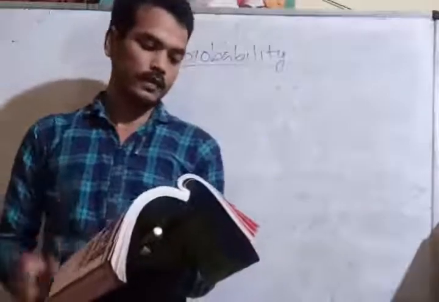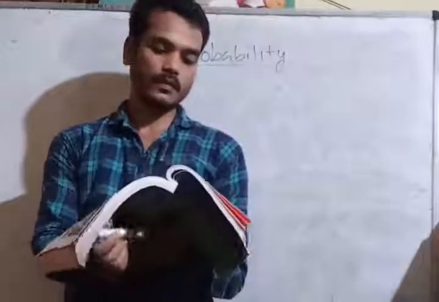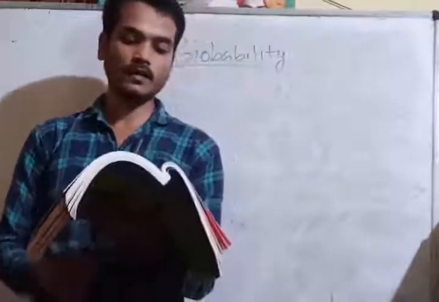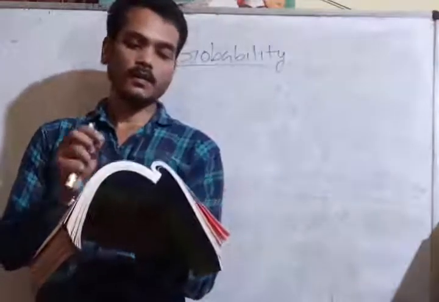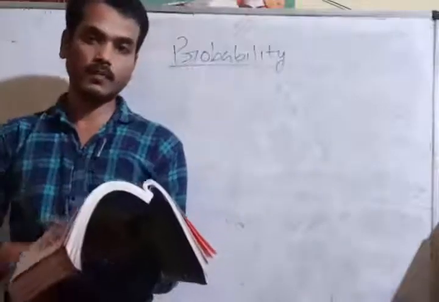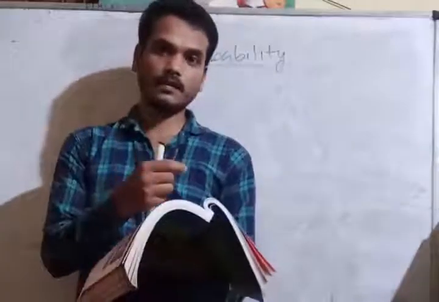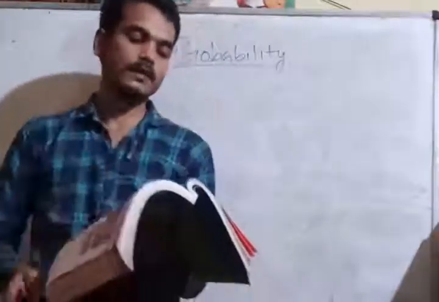Then question number 2 is, there are 6 marbles in a box with numbers from 1 to 6 marked on each of them. What is the probability of drawing a marble with number 2? We will start from number 2. This is directly related to probability.